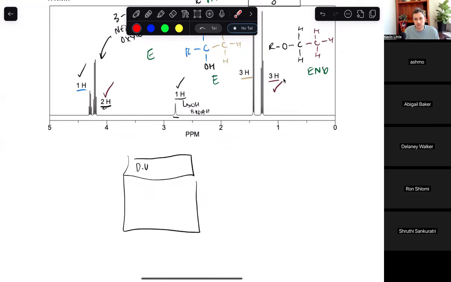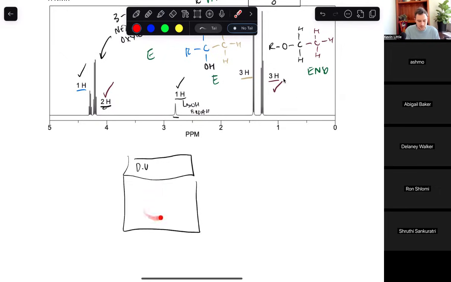So make each fragment, make sure you can explain each fragment and then put them together any way you can. If you are lost to the point of how do I put them together, put them together the only way you can. So there's no more R groups. Make sure that every fragment that you know is on the NMR is explained in this box somewhere as a real molecule.